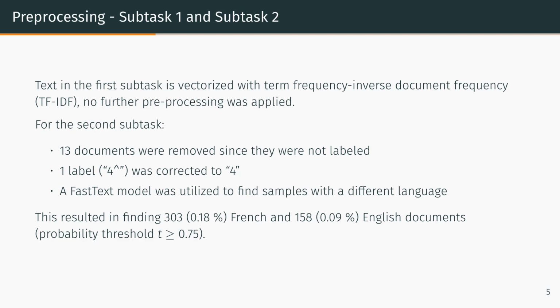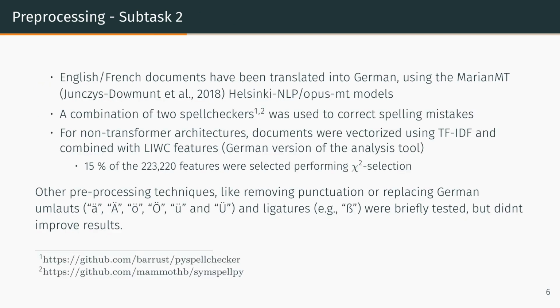This resulted in finding 303 French and 158 English documents, which were then translated into German using the Marian MT Helsinki NLP models. Also for preprocessing, a combination of two spell checkers was used to correct spelling mistakes.